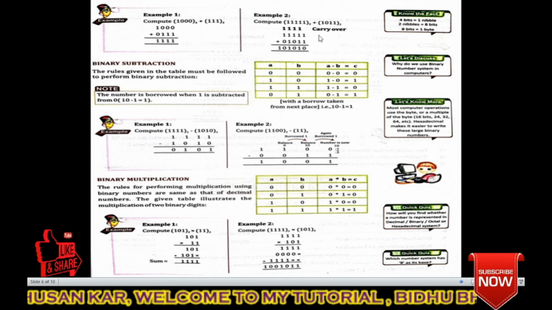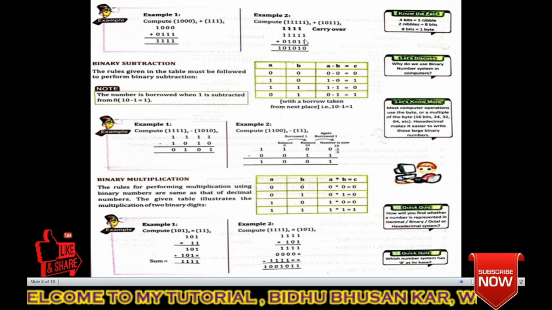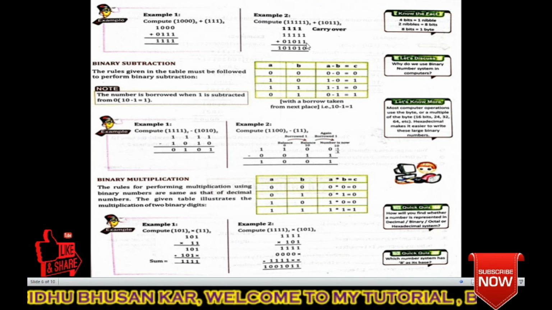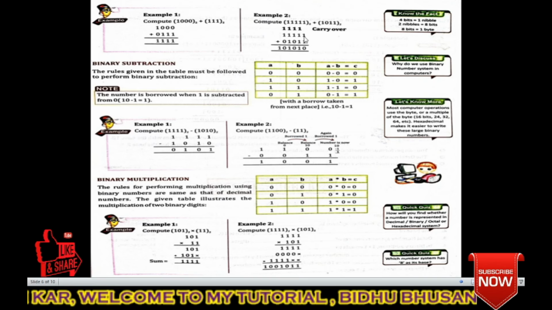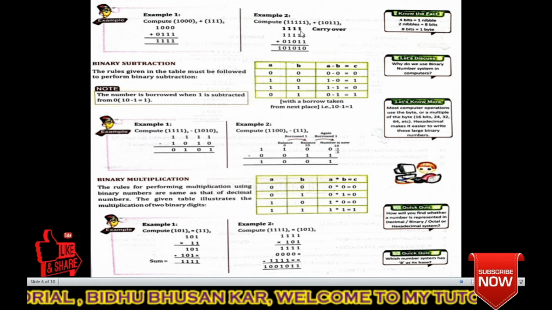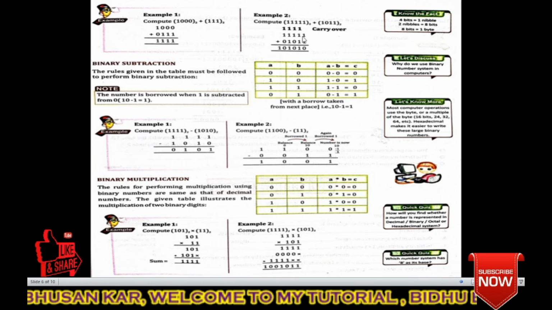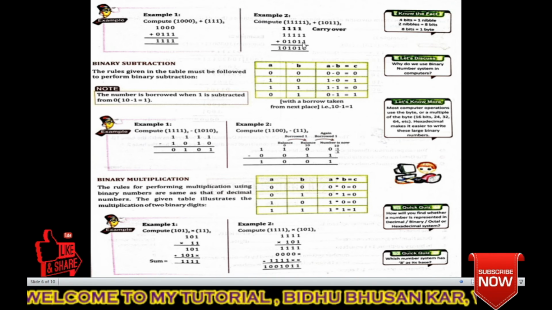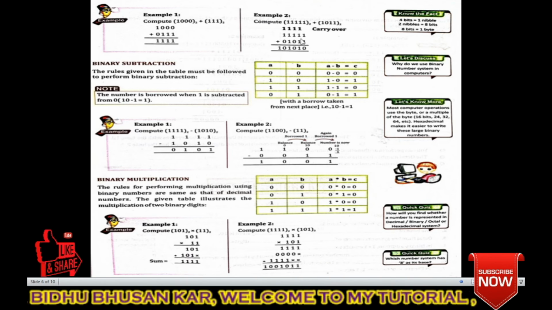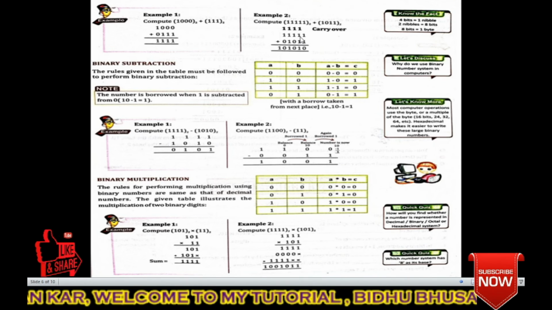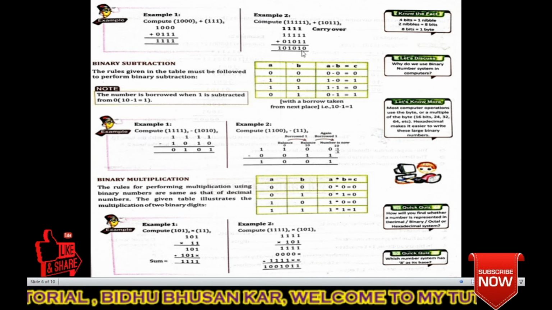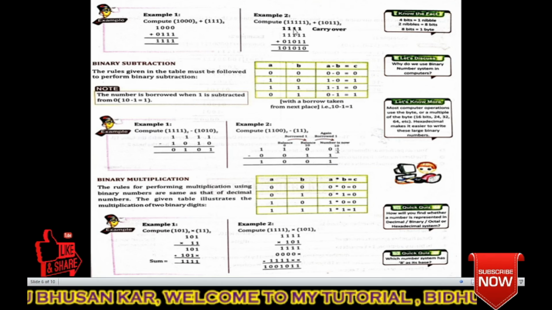But here there is a carryover. Suppose 1 plus 1 is 10, so 0 here and carry 1 over here. Next, 1 plus 1 means 10, 10 plus 1 is 11, so we keep 1 here and take 1 as a carry.